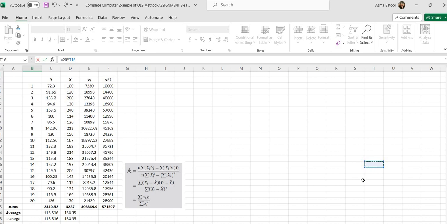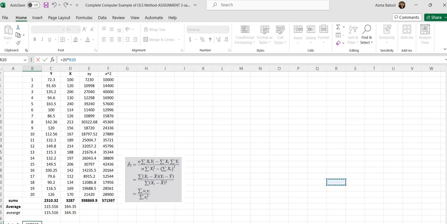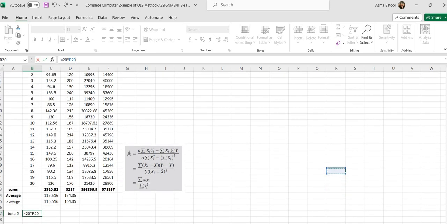So summation xy is this one. I go back to my cell, I make it small. Just a minute, let me do it again. There's some problem. Beta 2 equals. So here I'm putting the equal sign, and now I'm doing the formula.